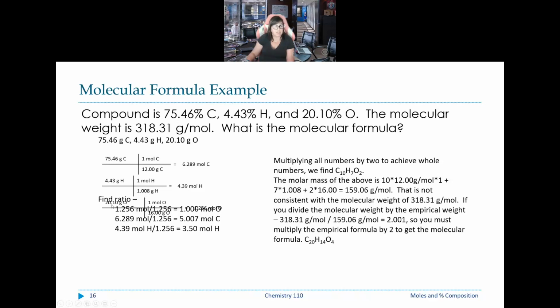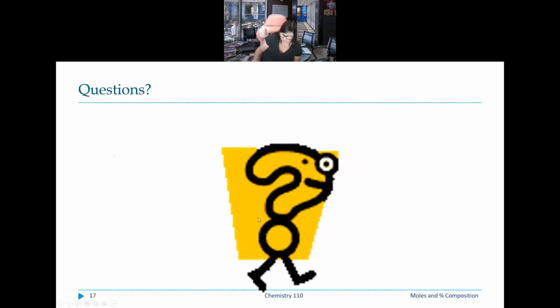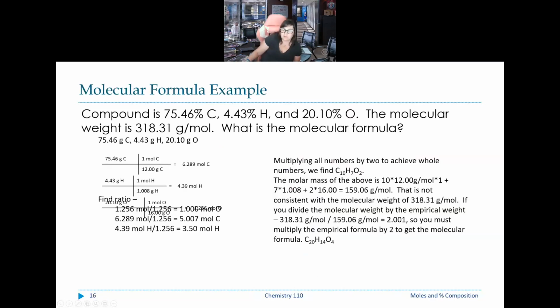And even though you can't really see it, 20.10 grams of oxygen divided by 16 grams is then going to give me an answer that I can't really see. Wish I could fix that.